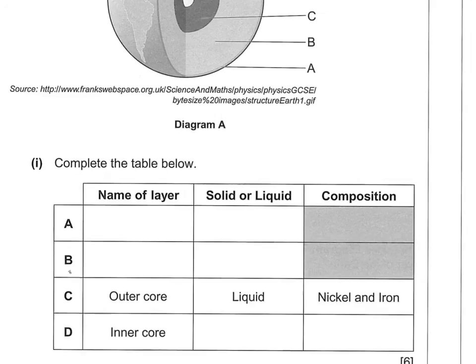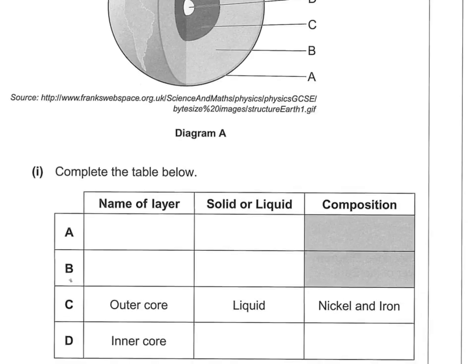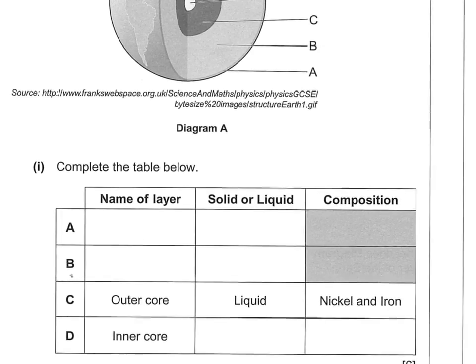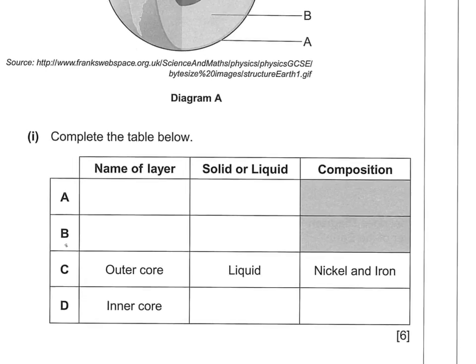We've also got a space to fill in for B, and hopefully you'll remember that that is the mantle. And it is in different states depending on where you are in the mantle. So you get away with solid, slow-flowing liquid, or a bit of both for that.